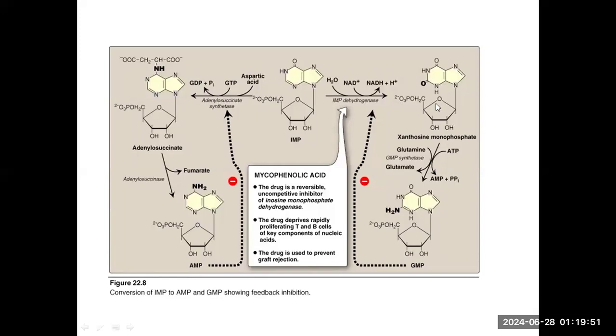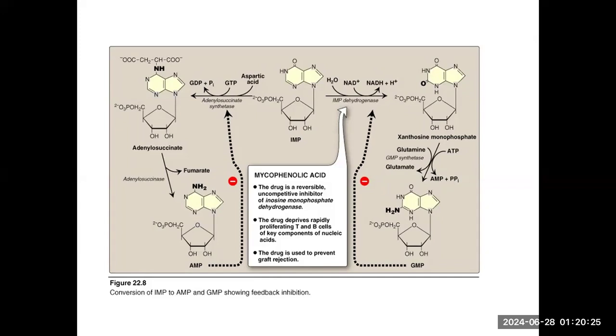Now, xanthosine monophosphate requires an amino group for the conversion to guanosine. So glutamine is the amino group donor. By the action of the enzyme GMP synthetase in the presence of ATP, glutamine is converted into glutamate, and ATP is converted to AMP and pyrophosphate, and we get the formation of GMP.